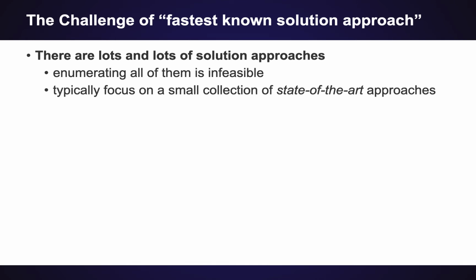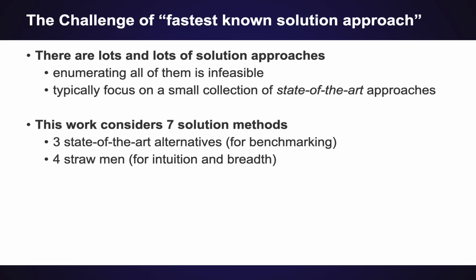The primary challenge of this type of claim is the "fastest known solution approach." There are lots and lots of solution approaches one could take, and enumerating all of them is infeasible. So in the optimization community, we typically focus on a small collection of approaches which are considered state-of-the-art, and then make incremental progress on those state-of-the-art approaches to improve the algorithms overall.